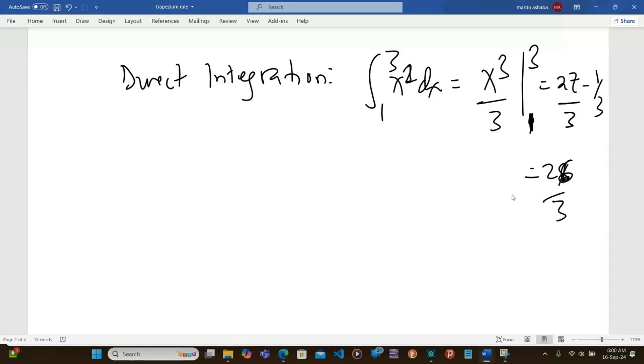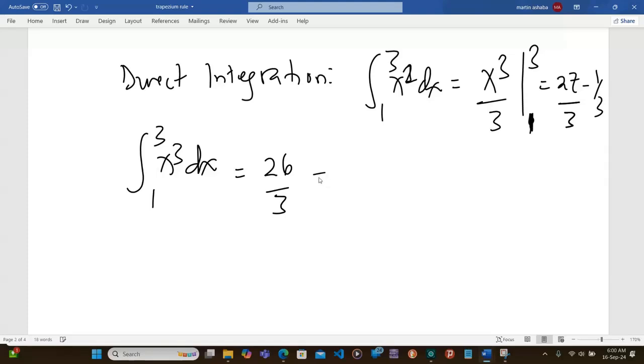So the integral of x squared with respect to x from 1 to 3 equals 26 out of 3, which approximates to 8.67.